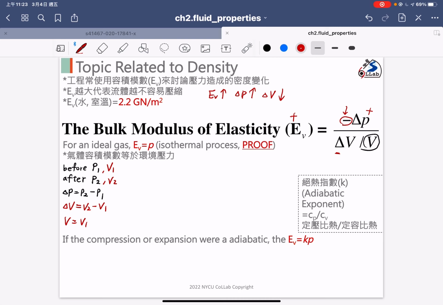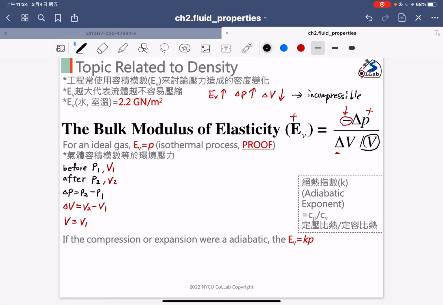And then the bulk modulus will become larger. So that's why I emphasize that a larger bulk modulus indicates the material is difficult to deform. Even though you have a very large delta P, the delta V change is quite small. That means the material is difficult to compress. Okay, so that's why usually we say it is incompressible, because the bulk modulus is larger and then the material is incompressible.